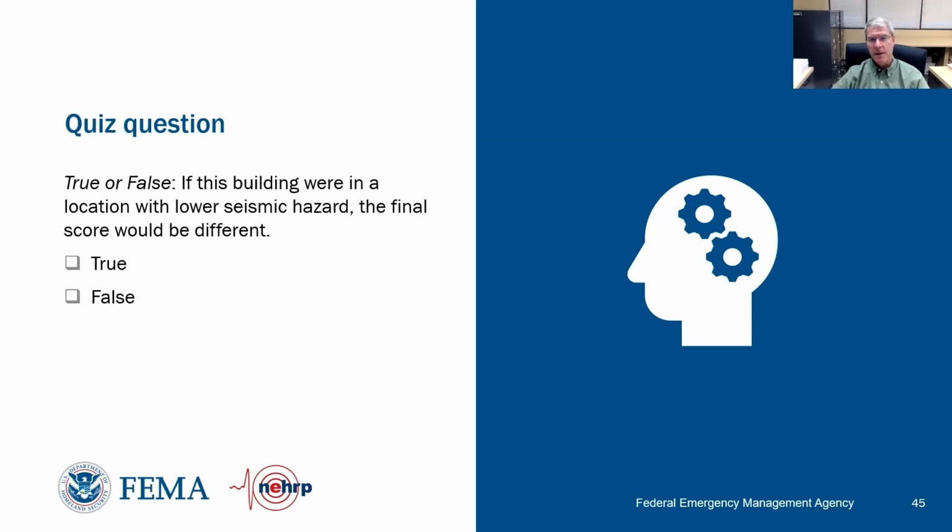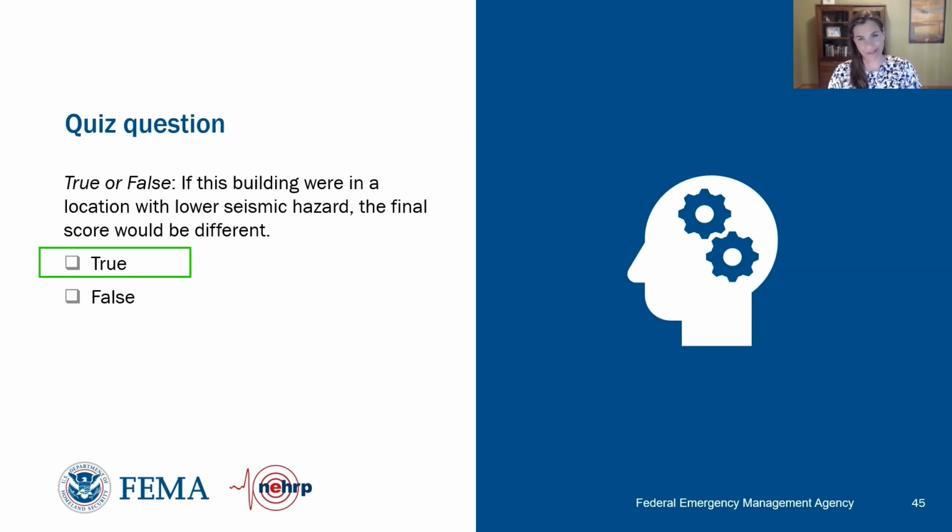If we took the same building and plopped it down into a lower shaking environment, would our score be higher or lower? I would think that the score would be higher, indicating that there was a lower chance that the building would collapse in an earthquake. So I would think the score would be different. Yes, it would be different and would be higher. Yep.